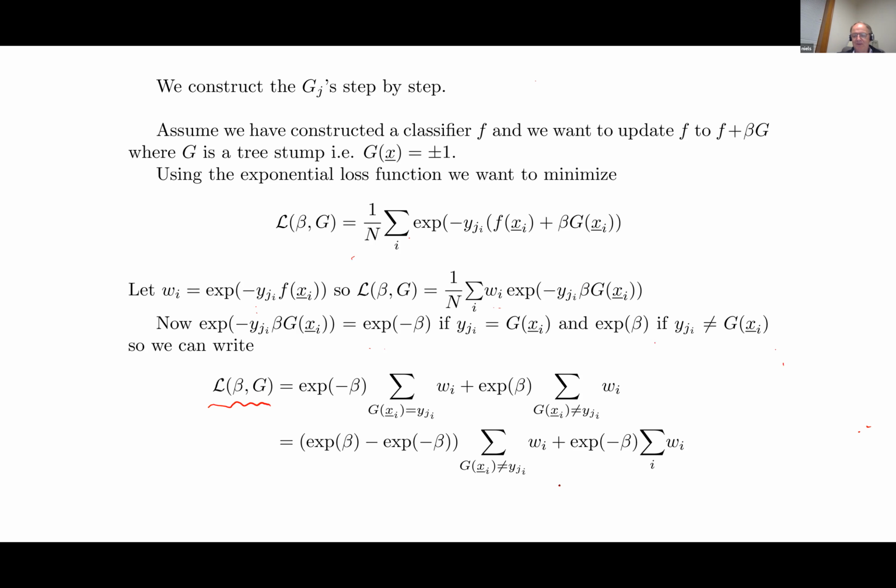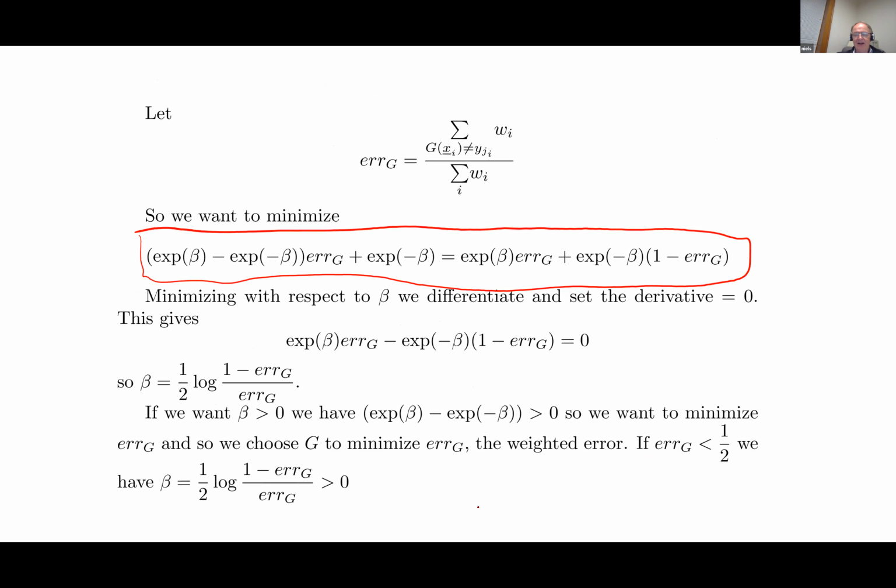If I divide this expression by the sum of all the weights, this is going to cancel here, and here I'm just going to get the sum of the weights of the misclassified ones divided by all the weights. That's the weighted error. So if I divide through by all the weights, I'm going to get this expression here, and this is what I want to minimize. So I want to find g that minimizes this. I want to find beta, and I want to find g that minimizes this.